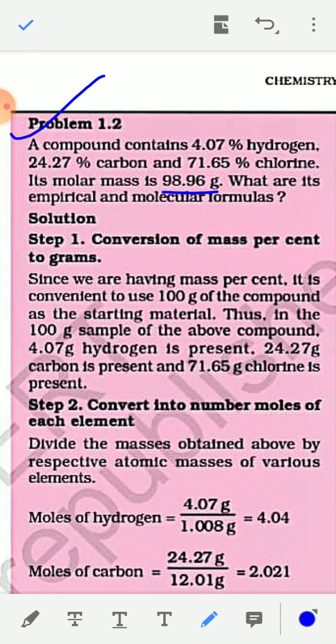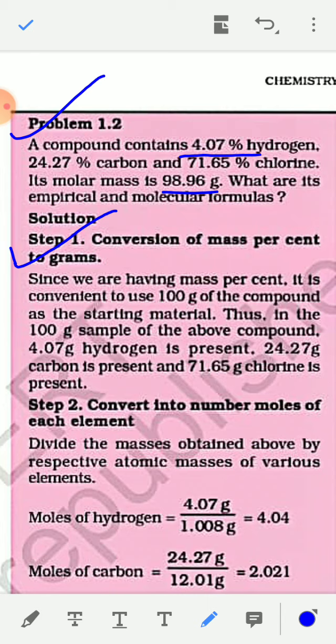So first you have to calculate the empirical formula. Following steps you have to follow. First you have to convert the percentage to grams. So conversion of mass percent to gram: 4.07% hydrogen means out of 100 gram, hydrogen is 4.07 gram.